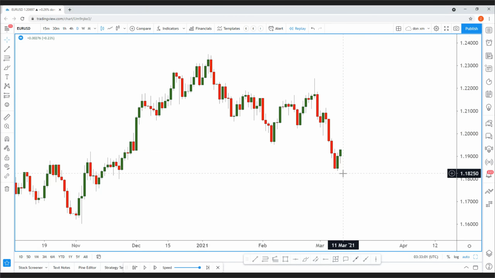Then the market retraces a little bit. What you want to do is expect that it will make a higher high. Let's assume it's in an uptrend. You expect it to make a higher high, but you don't know exactly where it will hit.